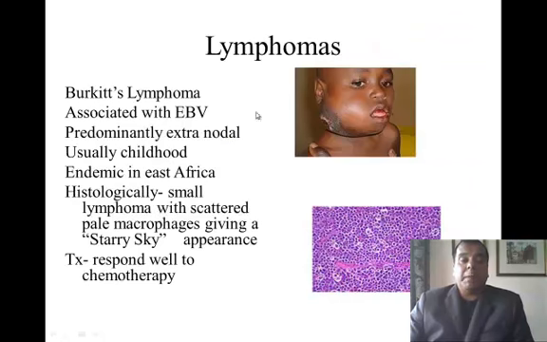Burkitt's lymphoma is quite common, it's endemic in East Africa and associated with Epstein-Barr virus, and it's predominantly an extranodal lesion. And histologically, you see a classical starry sky appearance, and it responds well to chemotherapy.